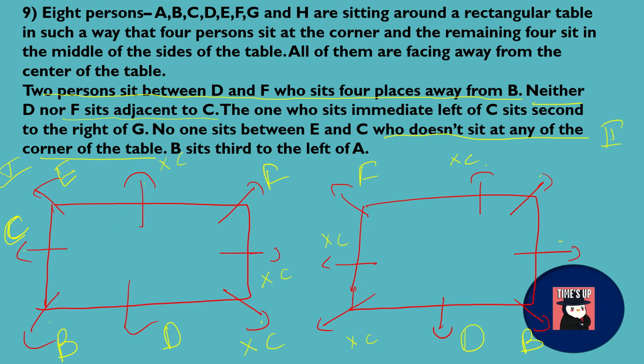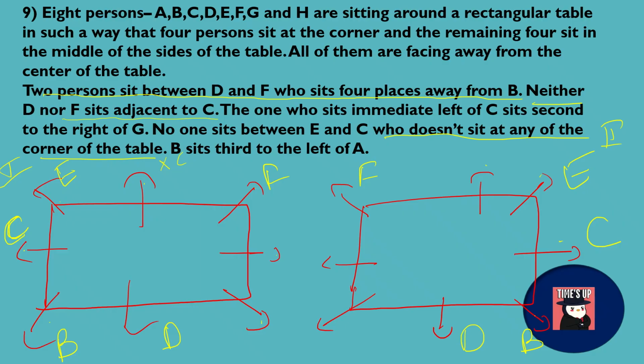In the second possibility, C is not sitting at any corner, so C will be here and E will be here. Correct? So we have got the place of C now.